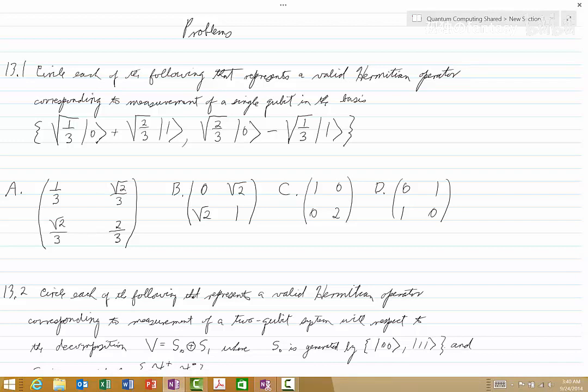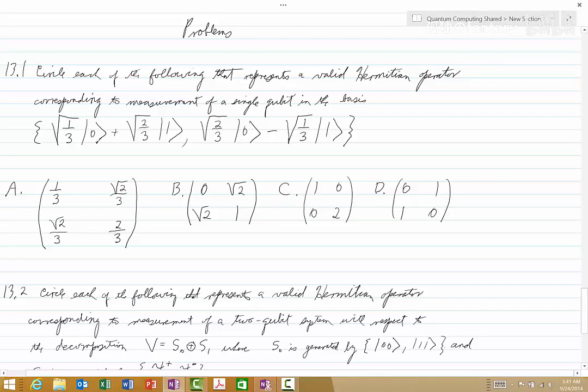And now we should look at some problems. So in problem 13.1, you're asked to circle each of the following that represents a valid Hermitian operator corresponding to measurement of a single qubit in this basis.